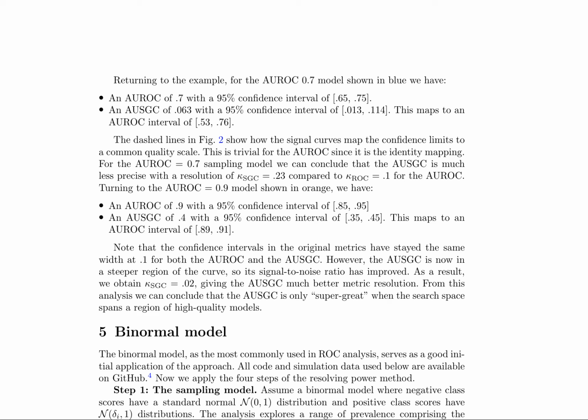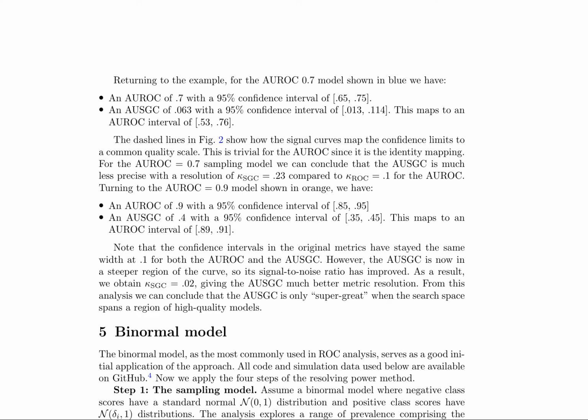Signal curves in Figure 2 map confidence limits to a common quality scale, illustrating the trivial identity mapping for AUROC. Notably, AUSGC has a lower resolution, kappa SGC equals 0.23, compared to AUROC, kappa ROC equals 0.1.